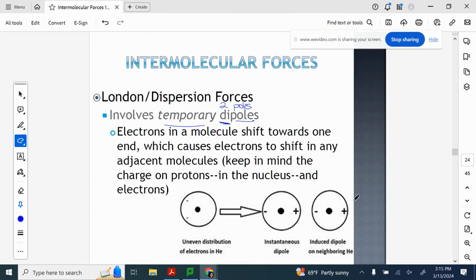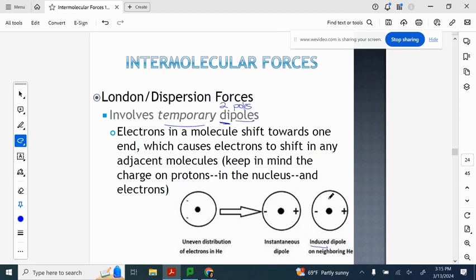If some of those shift over here, that leaves this side positive. And it's like a chain reaction. These are called induced dipoles because they don't happen all the time. This caused it to happen. This is an instantaneous one because those electrons got disturbed, and this was induced by that. This only happens for a split second, like a super short amount of time, but it happens.